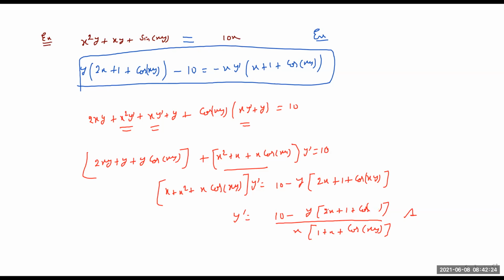Okay. So now, if I keep on increasing the difficulty, this way of solving the question becomes more difficult. So I will introduce you to a newer concept called the concept of partial derivative.